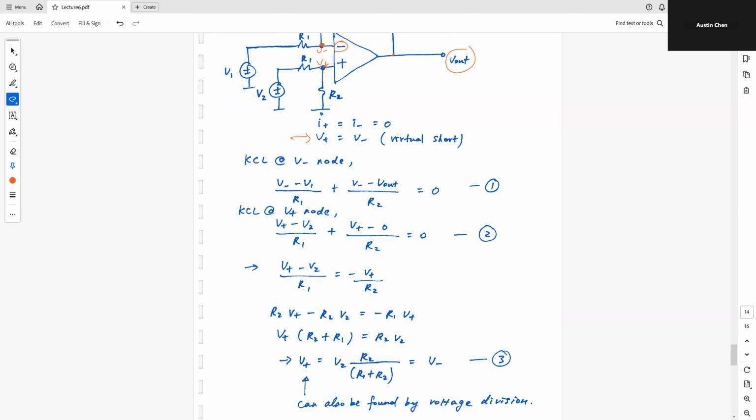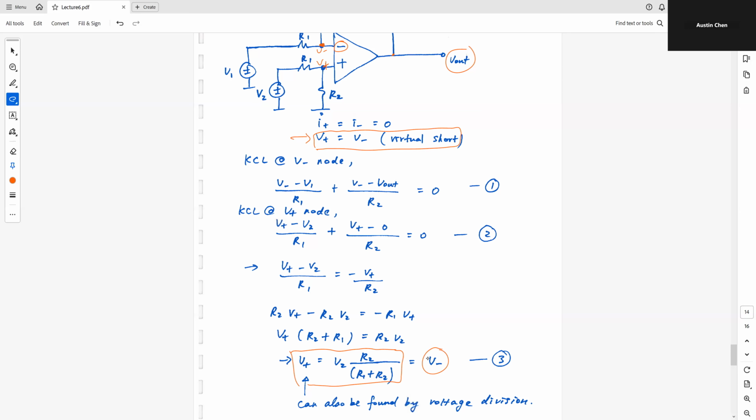If I wanted to find V plus with this voltage here, V2, I can just use voltage division, R2 over the sum, times V2, and that will be V plus. And this is equal to V minus because we have the virtual short condition over here.